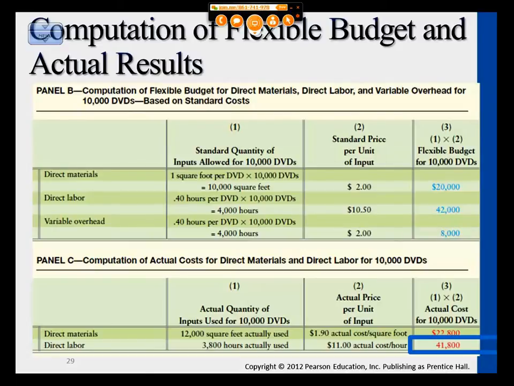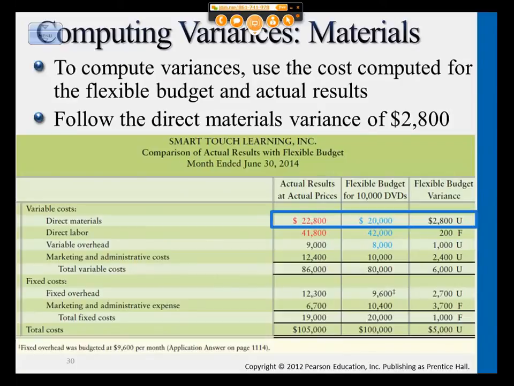Now, great, we found that. Now let's look, how do we compute the variances? At first, let's look at our materials. We just found the two numbers, right? 22,800, 41,800, and we also have our flexible budget calculated as well. So we have these two numbers for direct materials and direct labor.